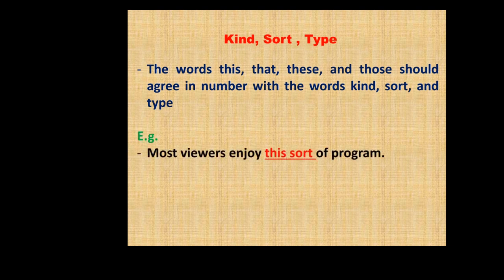Like, most viewers enjoy this sort of program. So sort is singular, that's why we use this. These kinds is plural, that's why we use these. So again, with kind, sort, and type, the words this, that, these, and those should agree in number with these words.